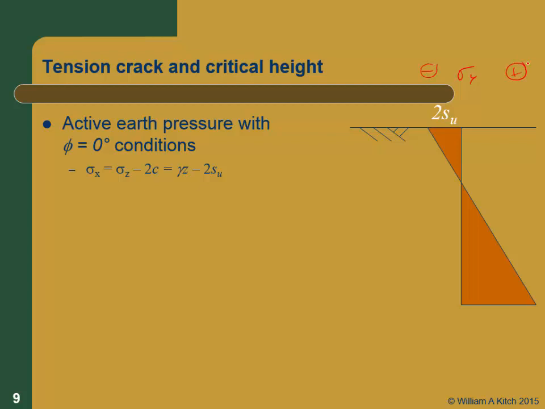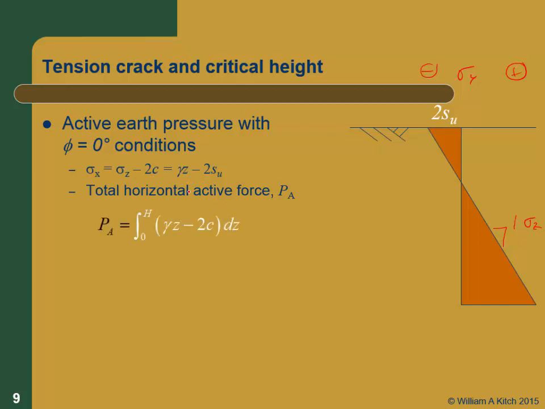That's minus 2 Su at the surface, and it increases at the rate of 1 times sigma z. So sigma x is equal to sigma z minus 2c, which is just gamma z minus 2 times Su.